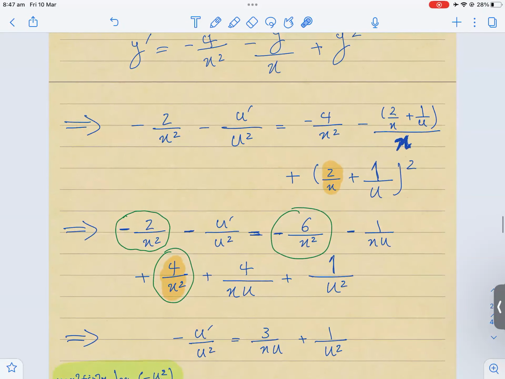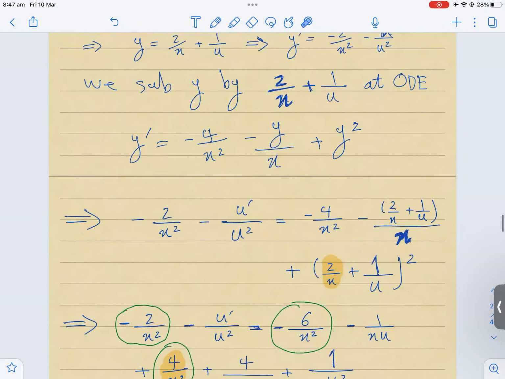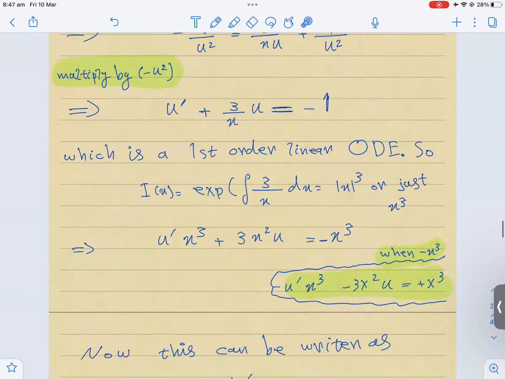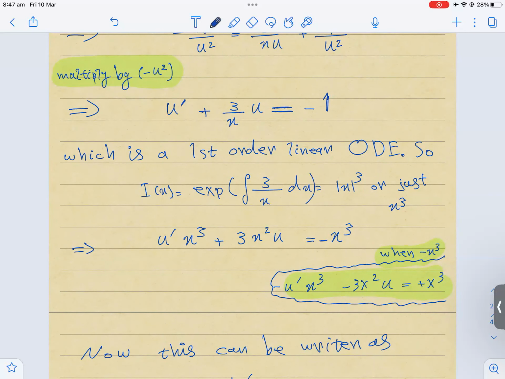What you really need to memorize from Riccati is this part. The rest will come automatically, since the rest is first order linear. The integrating factor will be the exponential of the integral of this one, which is absolute value of x to the 3.